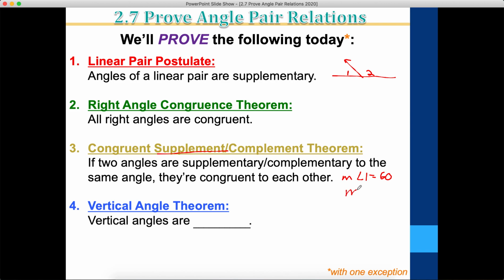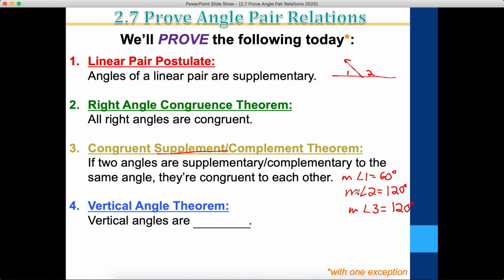If I say that angle 2 is the supplement of 1, but also angle 3 is the supplement of 1, well, if 1 and 2 are supplementary, then the supplement of 60 is 120 degrees. 60 only has one supplement. It's 180 minus itself. If 3 and 1 are also supplementary, then the measure of 3 has to also be 120 degrees, because again, there's only one number that when I add it to 60 gives me 180 degrees.